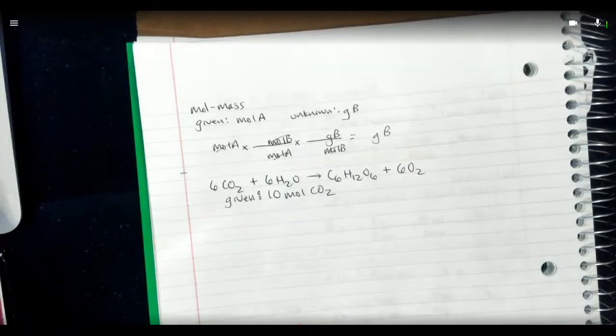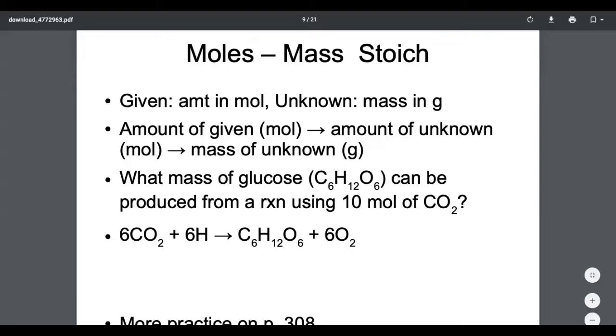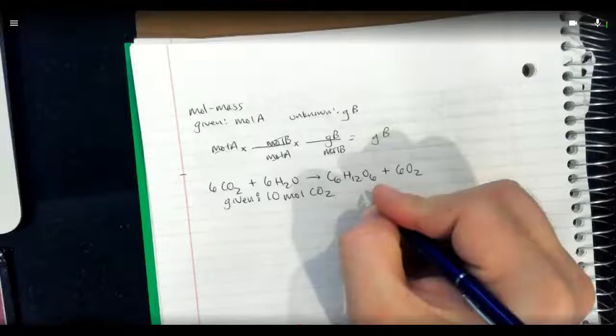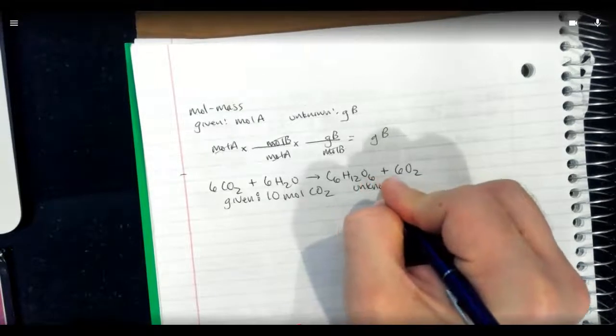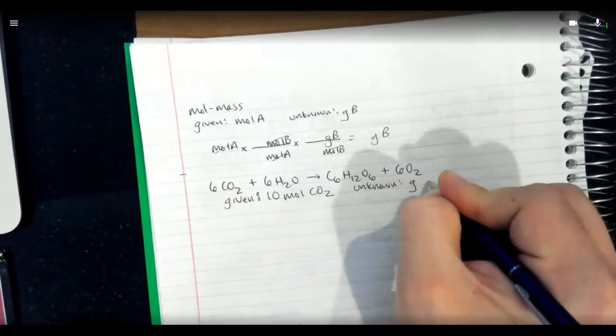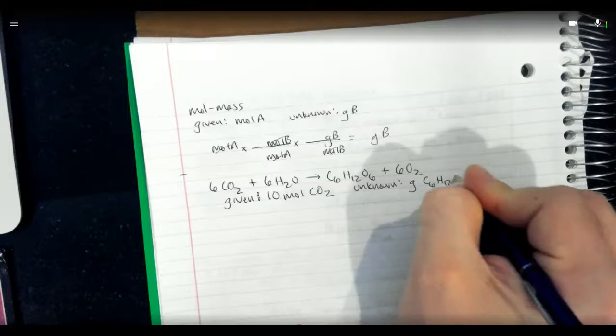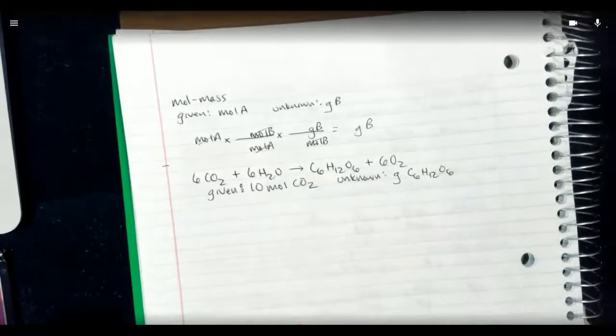Now we need to identify our unknown. Unknowns have this primer: what mass, how much, determine, find the. So we're looking for mass of glucose. Mass of glucose is our unknown. So that's grams of glucose. Cool.